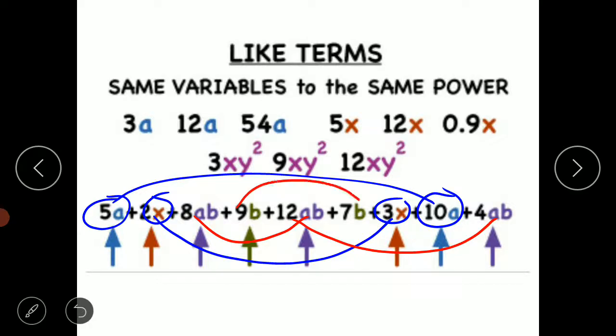Then these two are also like terms, B terms. So like terms means same variables to the same power. If we know how to identify the like terms, then we can add or subtract easily.